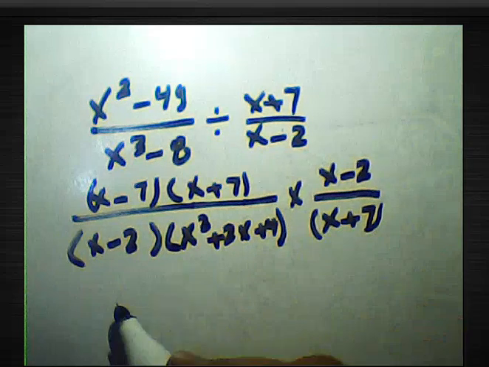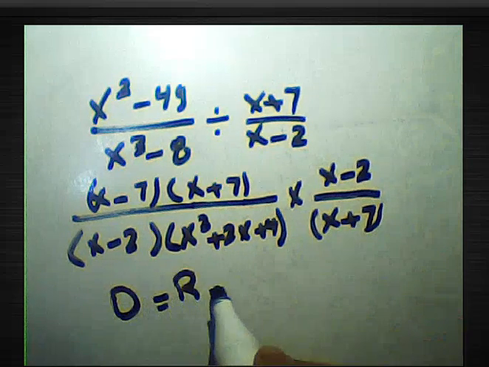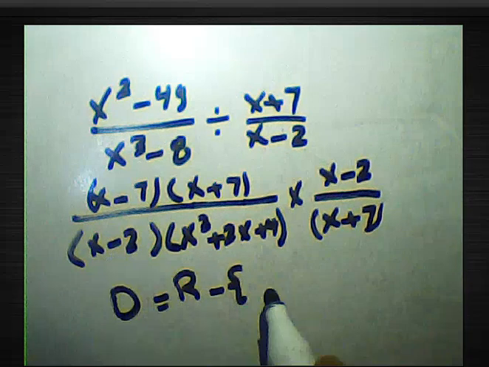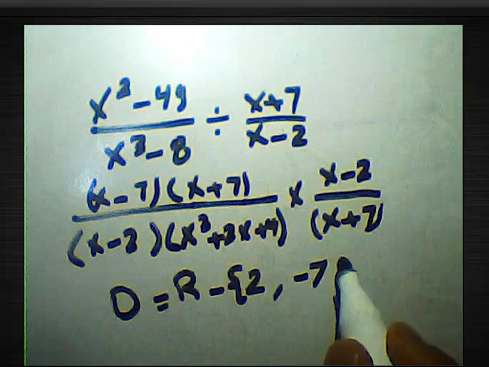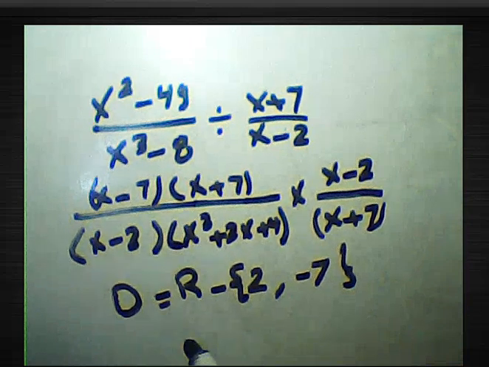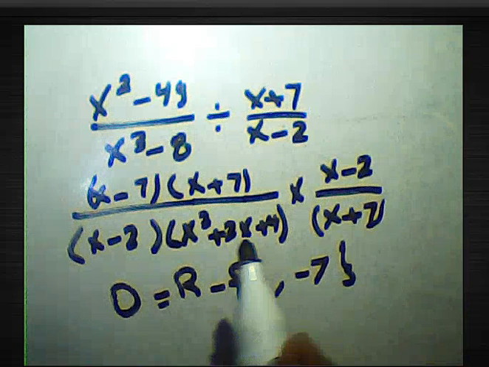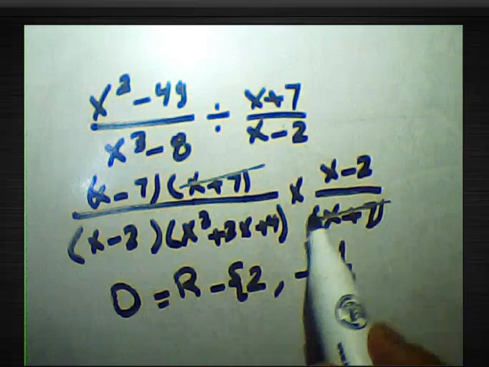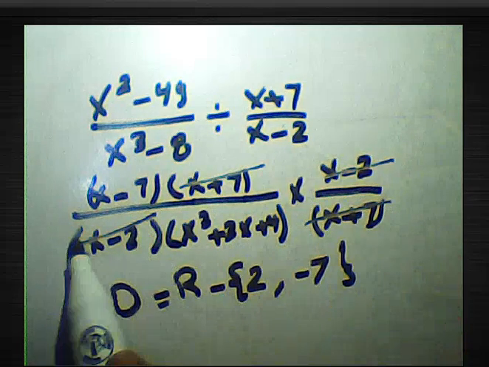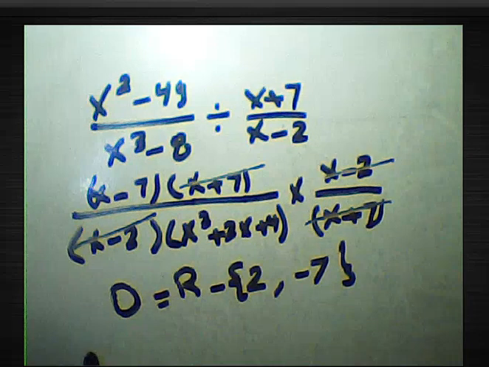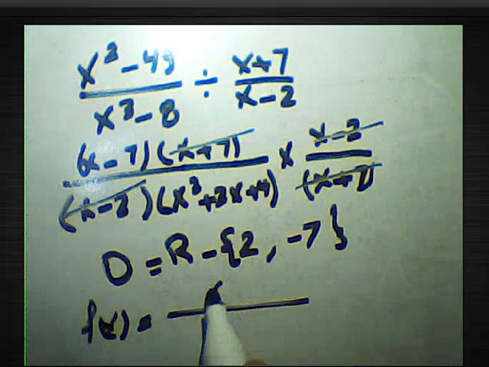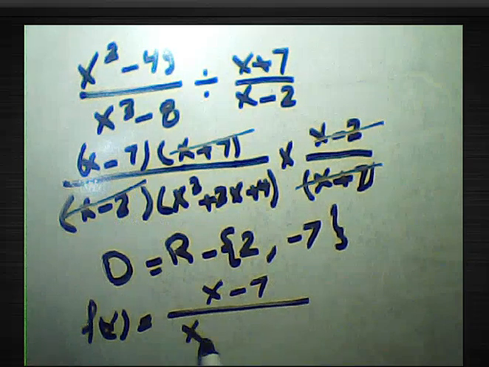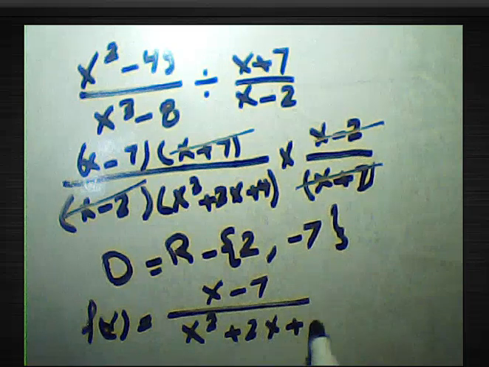Then we can find the domain equals R subtract {2, negative 7, and 2}. Write it and don't write it again. Then you can cancel x plus 7 by x plus 7 and x minus 2 by x minus 2. Then the function will be the remainder, (x minus 7) over (x power 2 plus 2x plus 4).